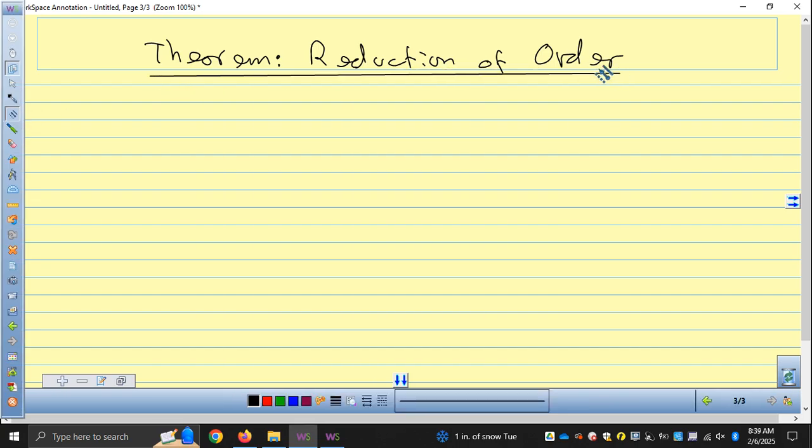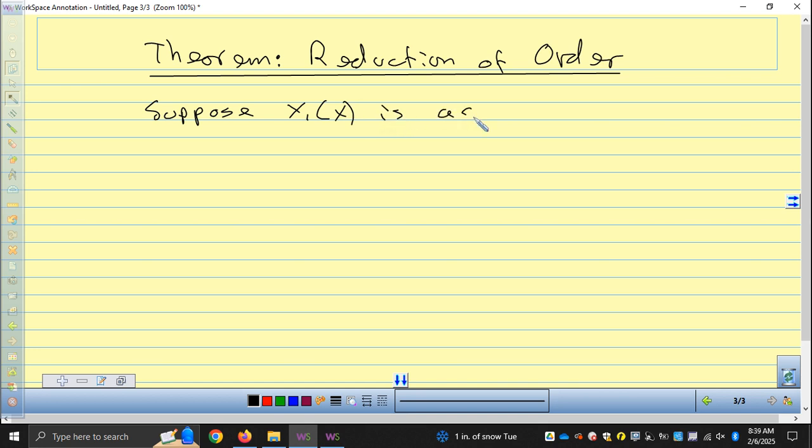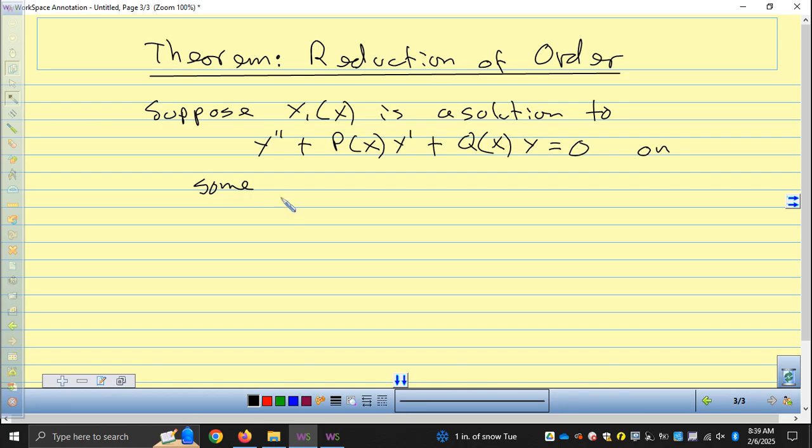So our theorem on reduction of order: suppose y1 of x is a solution to y double prime plus p of x y prime plus q of x y equals 0 on some interval, and that y1 is not equal to 0 for all x in the interval.